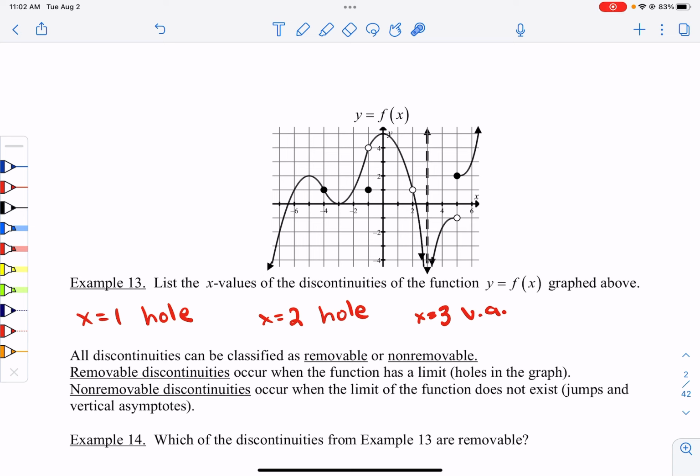Now, if I keep going, after 3, I'm going up. I hit 5, and this is where we have that weird discontinuity we talked about before. My graph goes to -1, but then it jumps up to 2. So at x equals 5, I have a jump discontinuity.